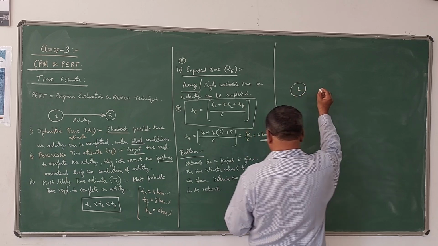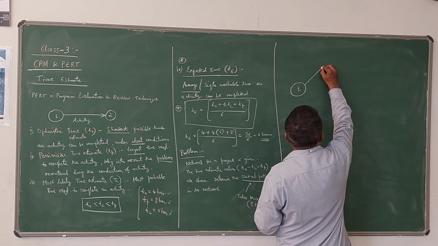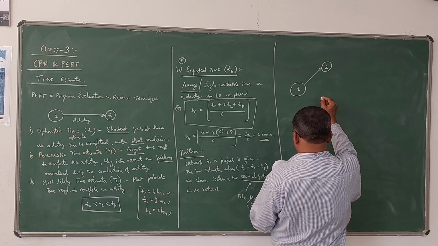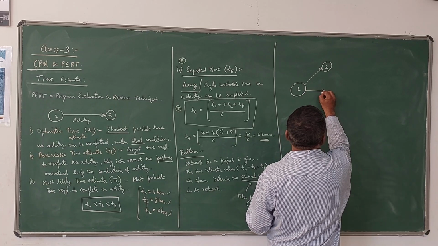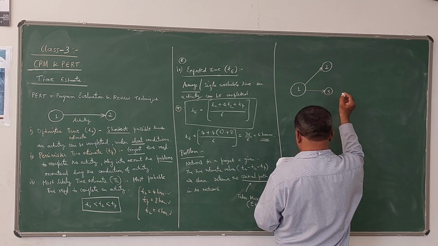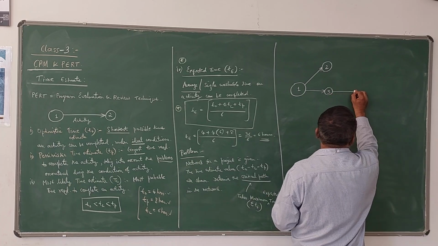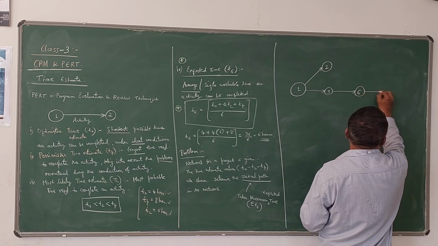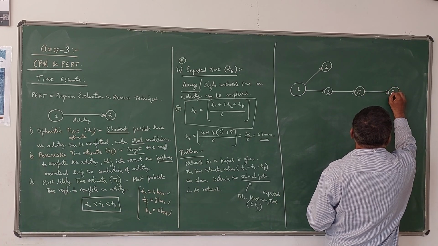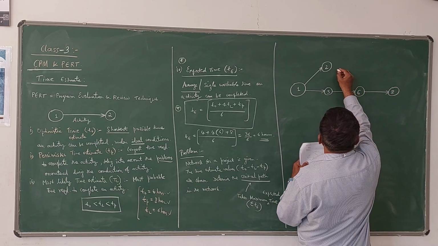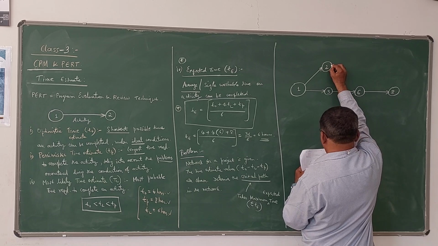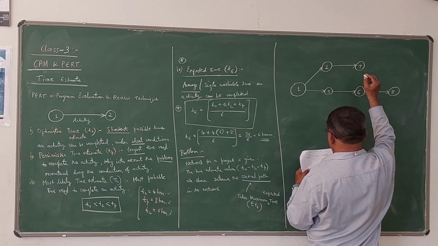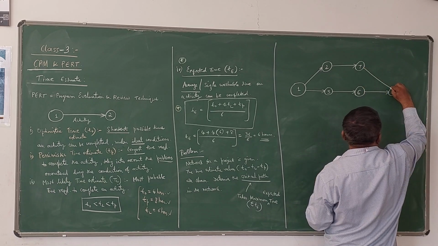Event 1 is connected to event 2. Then 1 is connected to 3 also. Then 3 is connected to 6. 6 is connected to 8. 2 is connected to 7. 7 is connected to 8.